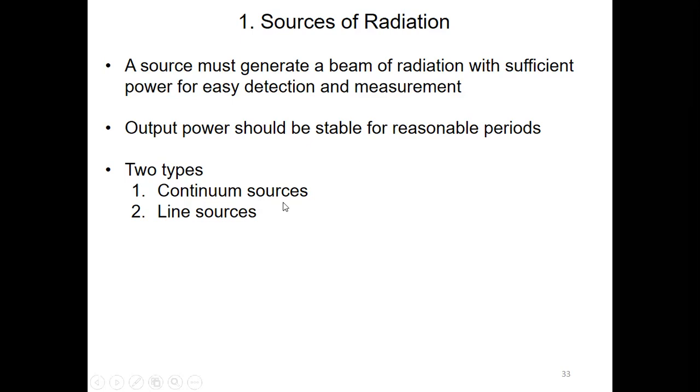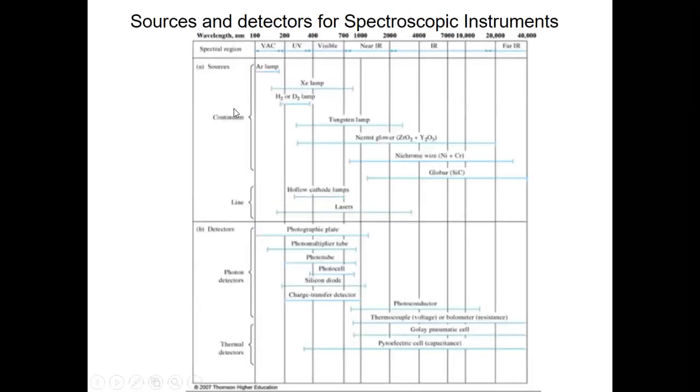So these are the examples of sources and detectors. I'm sorry, detectors are also there, but we should not talk about the detectors here. Let's talk only about the sources.